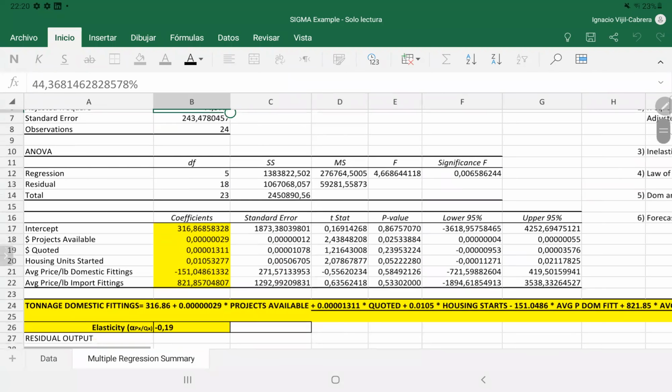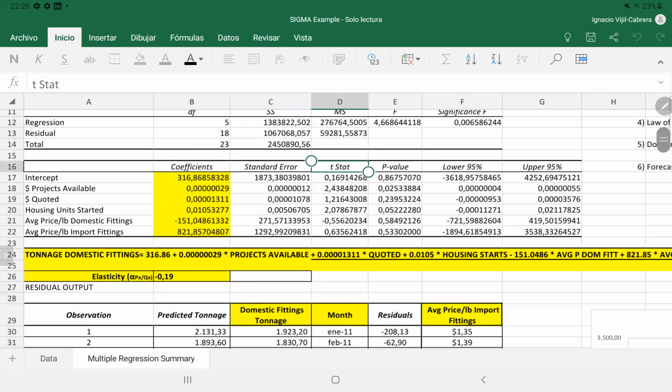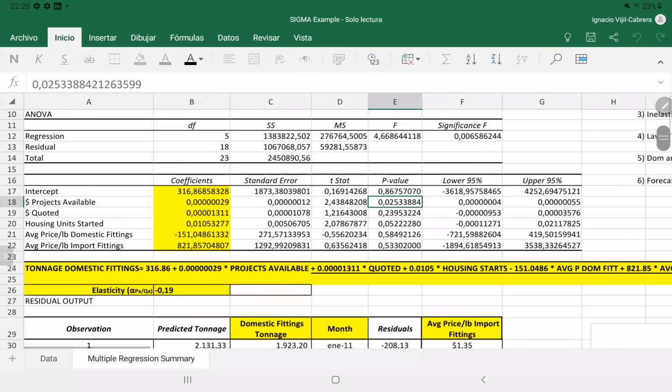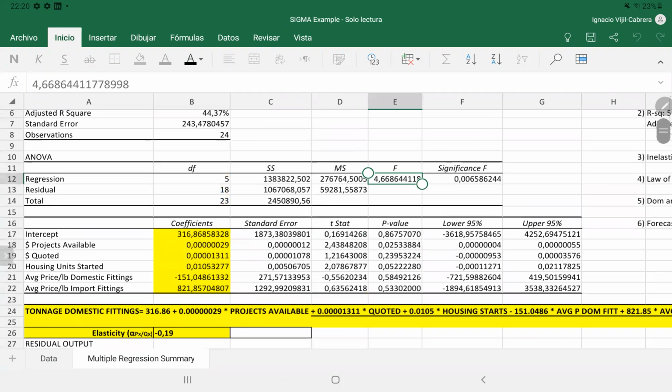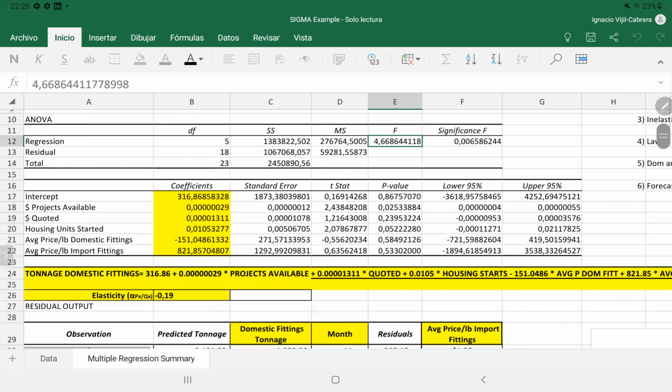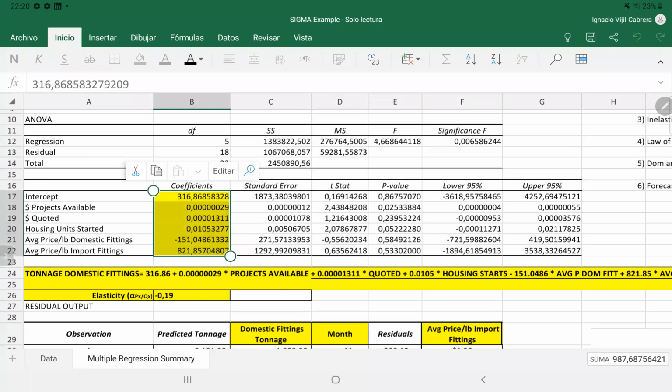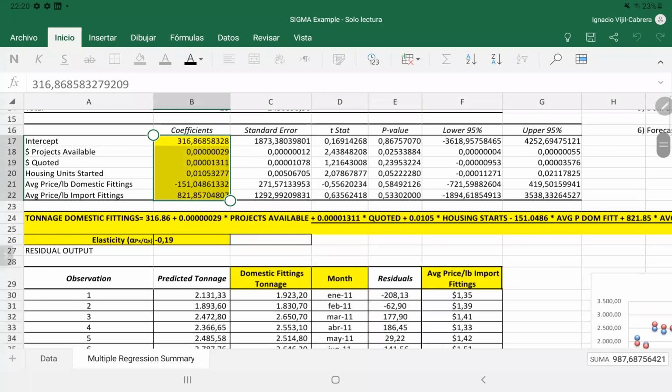And then all these t-stat, p-value, and the F-stat, the significance, are just telling me whether this value is complementing that idea, whether this model is good or bad. That's all that's doing. And I also get the coefficients. And with this, I can build my demand. How?